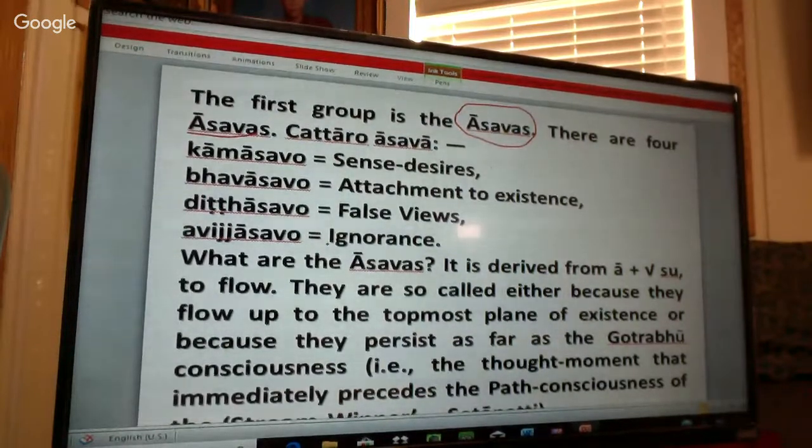So we combine Kama and asava, Kamasava. Bhava and asava, Bhavasava. Ditthi and asava, Ditthasava. Avijja and asava, Avijjasava. So it is a combination of two words. Understand? Yeah.